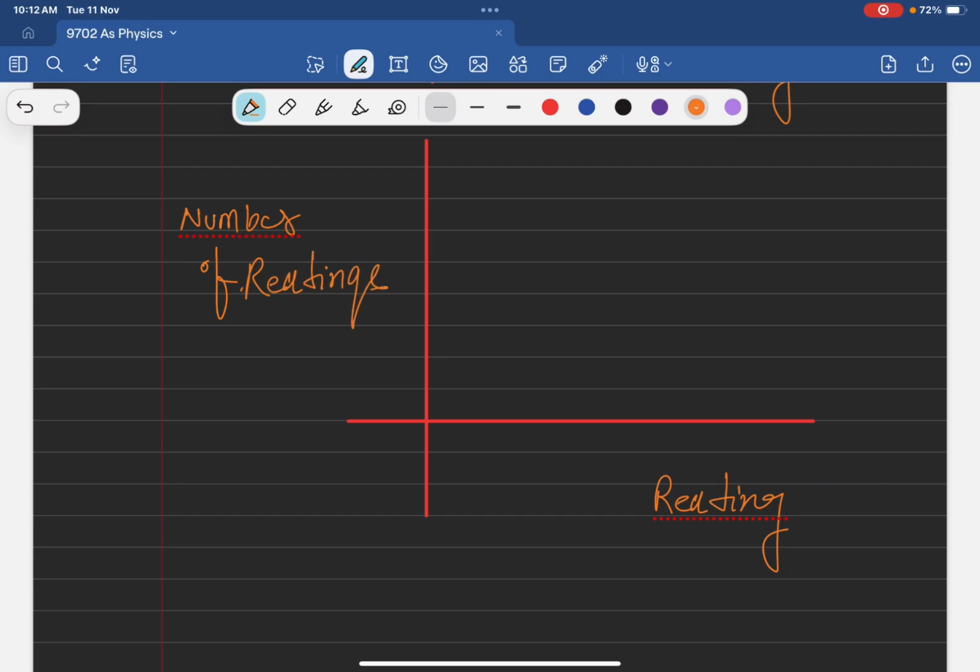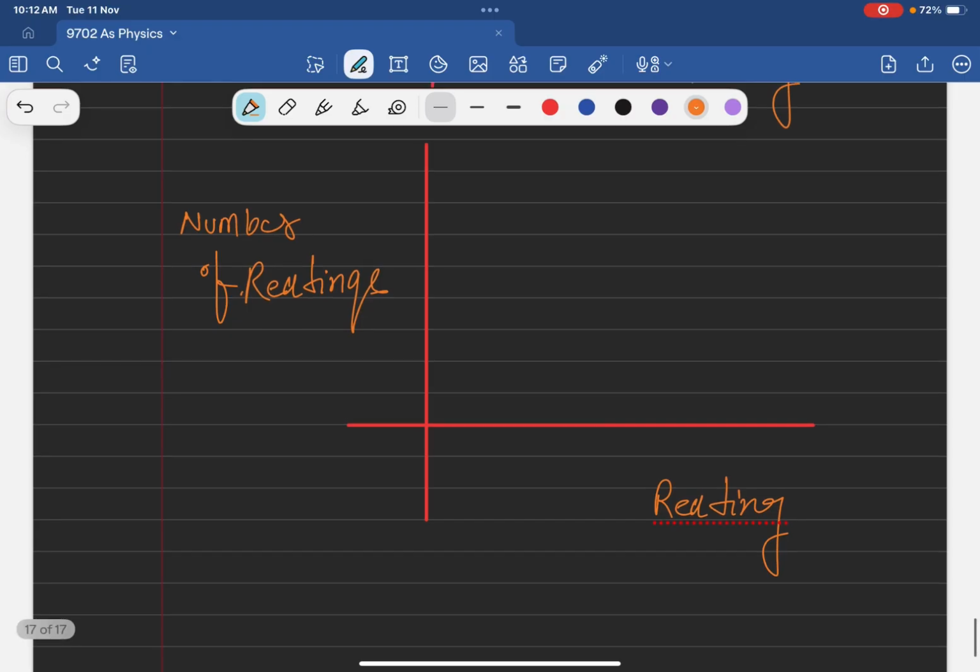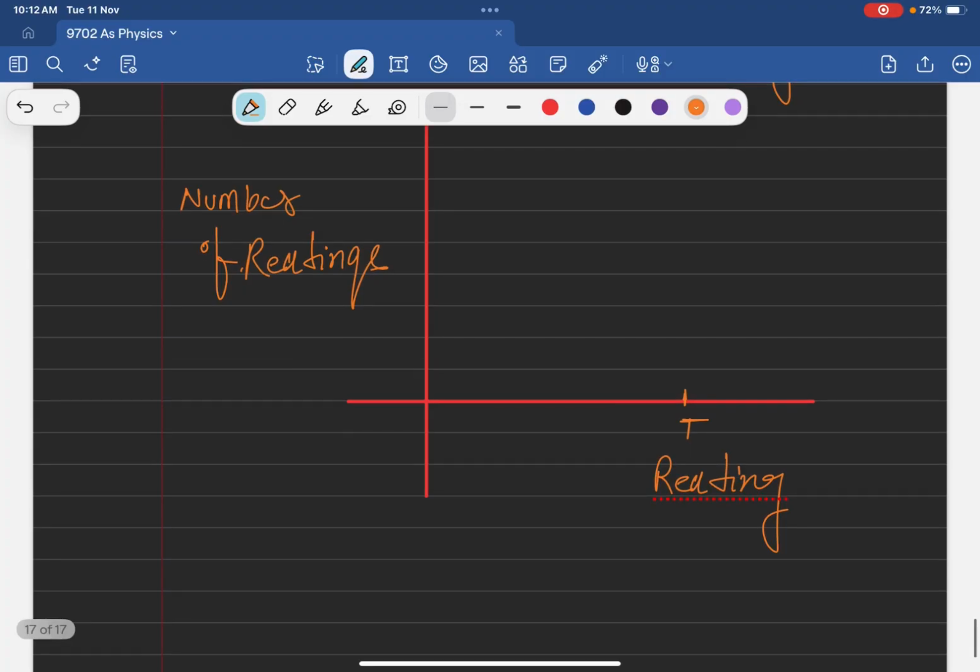Now, the true value is somewhere, let's say here, and the graph is like this. Well, let me draw it one more time.